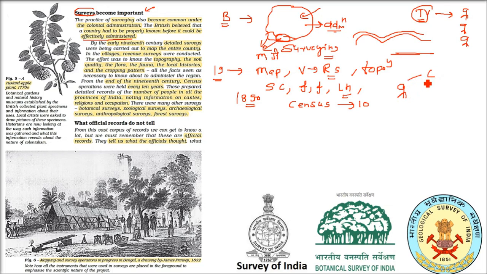They also wanted to know the religion, the caste, the occupation, what caste, creed it belongs to, Hindu, Muslim, and occupation, whether he is a Raja or a Rank. So the botanical survey, the zoological surveys, the archaeological surveys, the anthropological surveys, the forest surveys, everything was done.